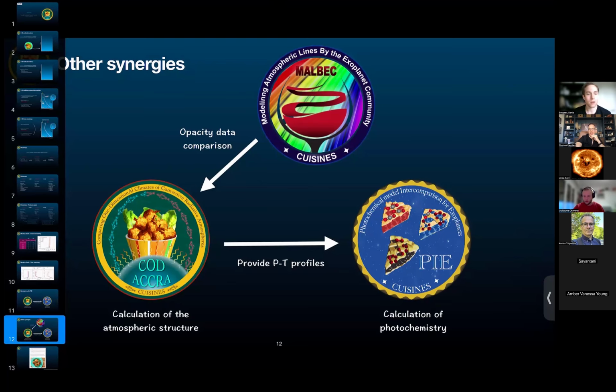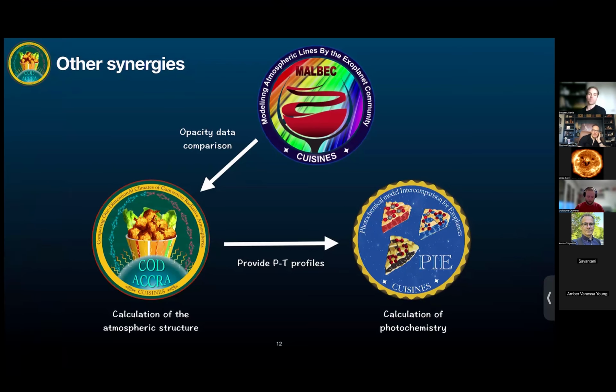Yeah, Guillaume, great. Thank you. I was wondering, concerning what you mentioned about the discrepancy of the opacity data, could it be possible to do what we have done in Malbec, which is having one universal file and then a single script that will convert this file to whatever format is required by the code?